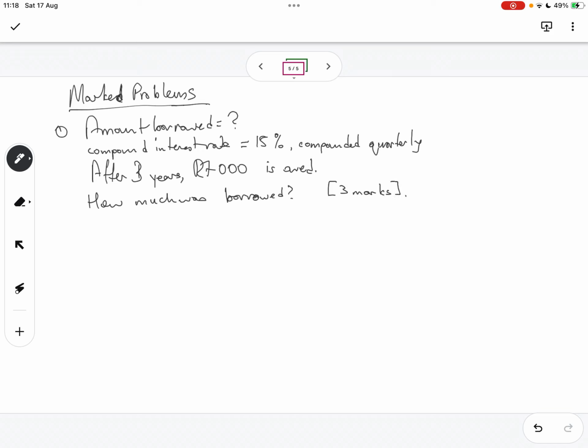So for 3 marks, tell me something. We're told that after 3 years, 7,000 is owed. What do you think that tells us with respect to the formula A equals P into 1 plus i to the power n? What do you think this information tells us, just this part here, in terms of this formula?